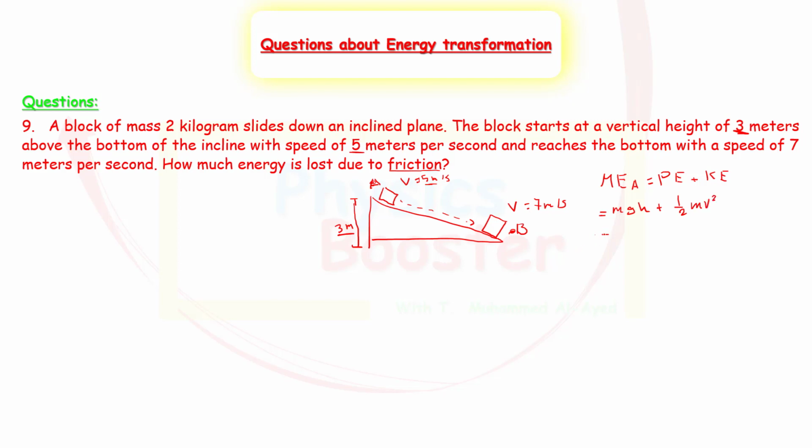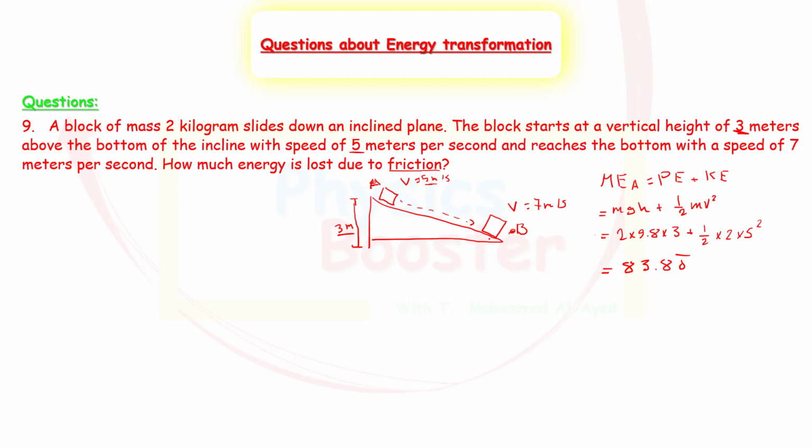I have the mass, which is 2, multiplied by 9.8 multiplied by the height, which is 3, plus half multiplied by 2 multiplied by 5 squared. This will give us an answer equal to 83.8 joules. So we found the mechanical energy at location A.